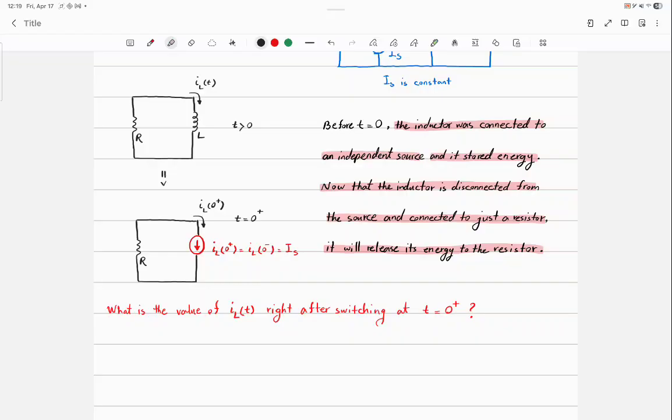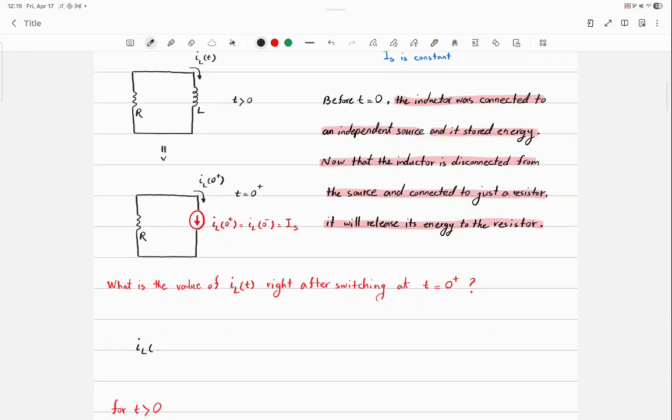Next question, which is IL(0+) is equal to IL(0-). And again, what's the reason that we are allowed to write this? Yeah, inductor current cannot change abruptly.